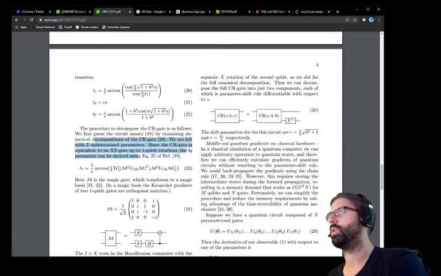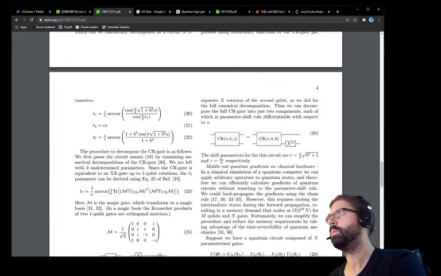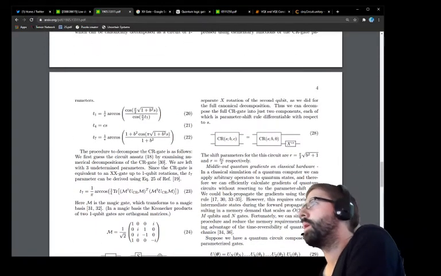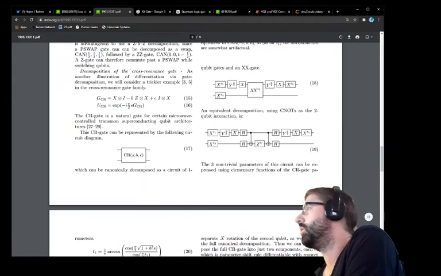Okay, so here what they're doing is they're trying to specify what those parameters look like with respect to the original theta. Is that what they're trying to do? T1, T4, T7.